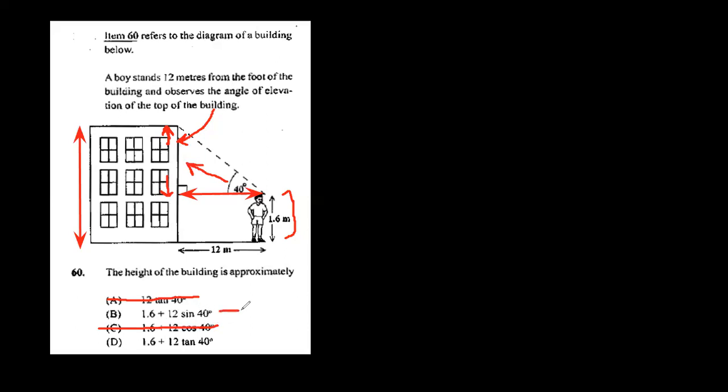So either sine or tan. Next, what happens? We know that here is 12, and that is going to be the adjacent of the triangle. Agreed? So we want to find the opposite, and we have the adjacent. Which trigonometric ratio has opposite and adjacent in it? It's going to be tan. So the correct answer is going to be D.